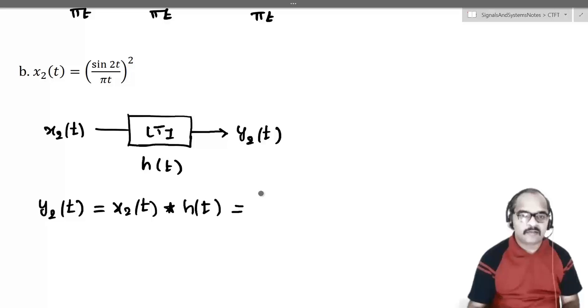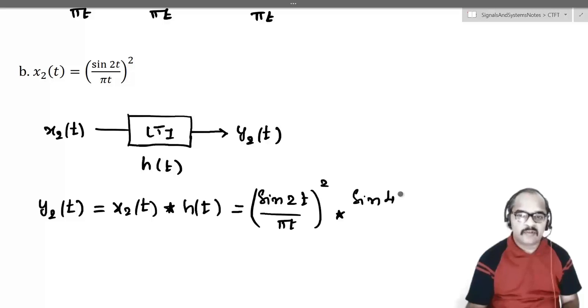Okay, but what is x2 of t here? It is (sin 2t divided by pi t) whole square, and this fellow is convolved with h of t. We know that to be sin 4(t minus 1) by pi (t minus 1).